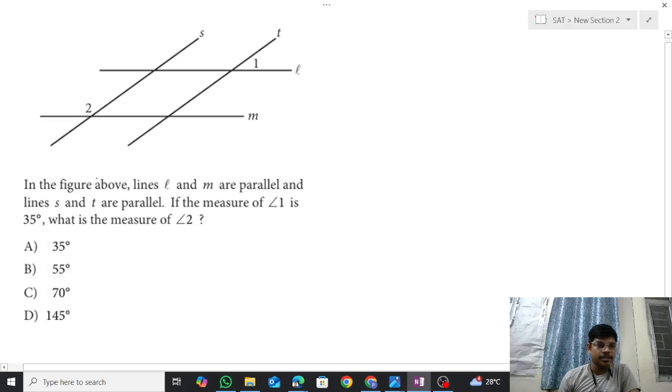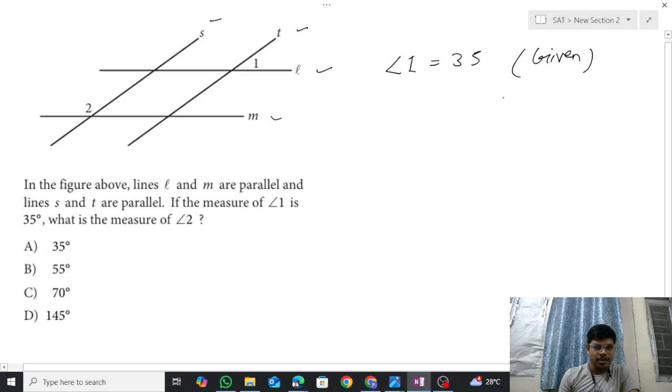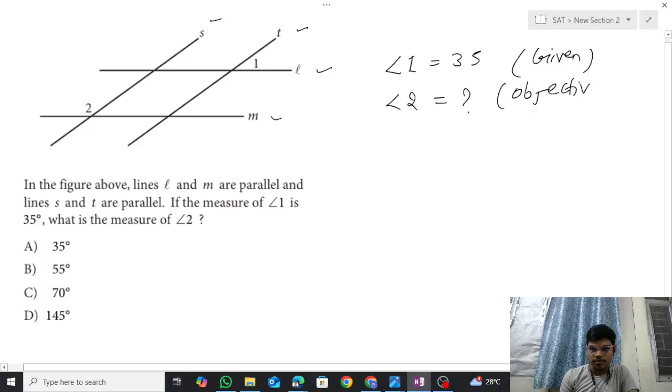In the figure that is given, there are two parallel lines, L and M, and there are also two other parallel lines, S and T. If the measure of angle 1 is 35, what is the measure of angle 2? That is your objective.